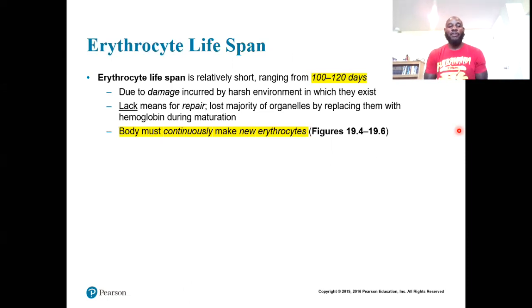So they're not really made to last a long time. They're existing for 100 to 120 days. Because they don't have extra organelles, they have primarily hemoglobin. They cannot repair themselves, and your body must continuously, therefore, make new red blood cells.